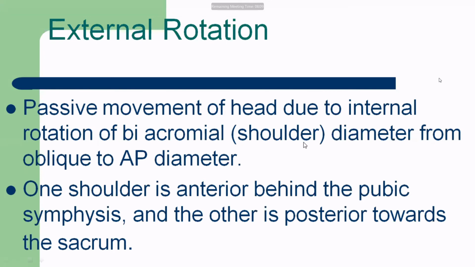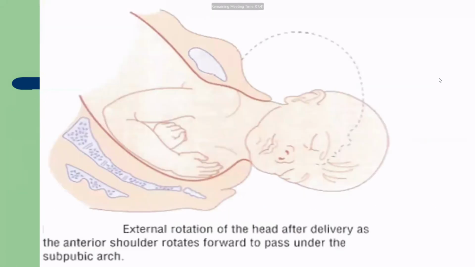Due to internal rotation of this shoulder, there is passive movement of the head, because head has to rotate when there is shoulder rotation. And after this external rotation, one shoulder is anterior behind the pubic symphysis and other is posterior towards the sacrum. So fetus lies in lateral position.